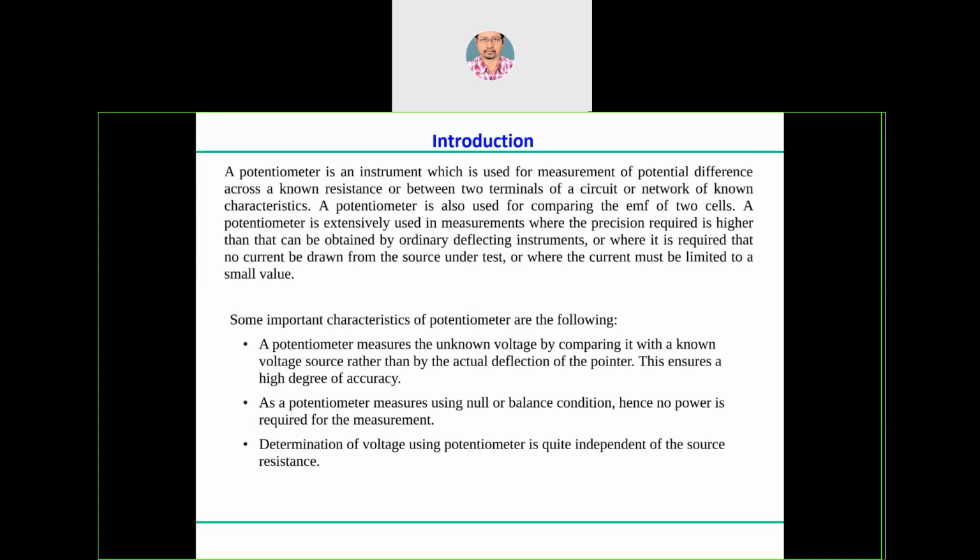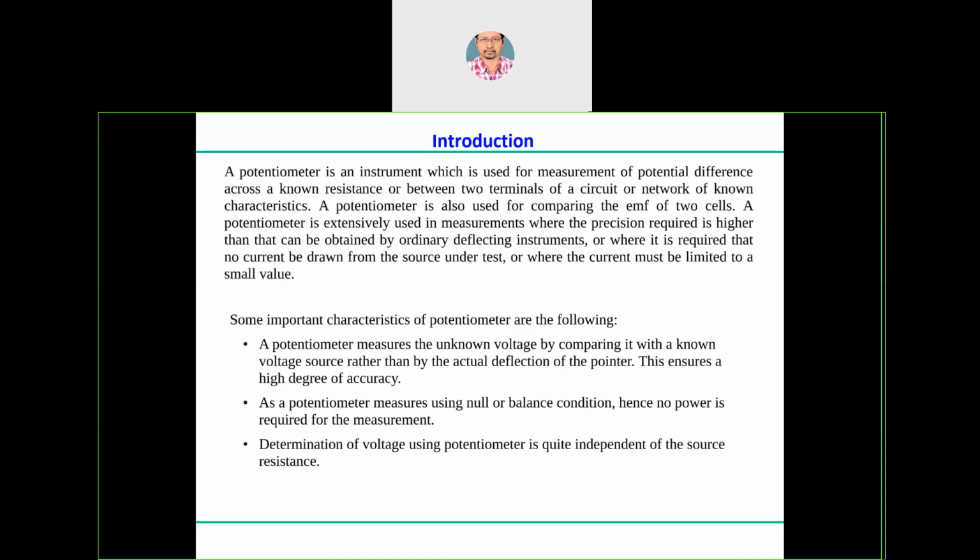Clear? Now, what is the importance of doing so? Primarily, there are three major distinguishable advantages. Number one, to ensure a high degree of accuracy during the measurement. What do you mean by it? When you are using deflection type instruments, your deflection coil or pointer is moved to calculate the unknown value of the current, voltage or resistance.